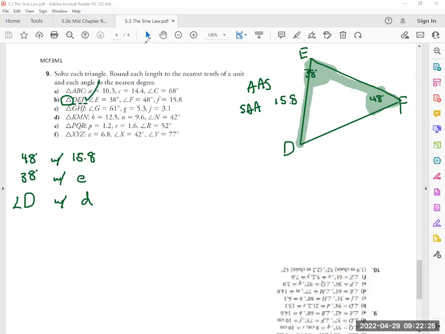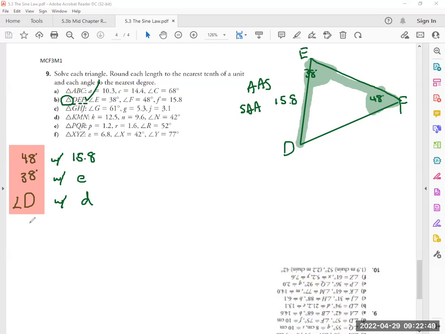Yes, you can start by setting up the equation. There's one thing I would like you to build a habit of doing before you set up your formula. And that is, notice that you already have 2 angles. You can find the third one first, and you'll see that it actually does save you a lot of trouble.